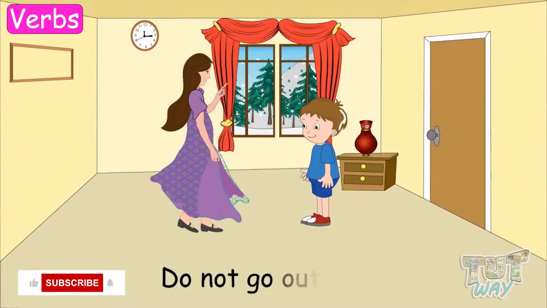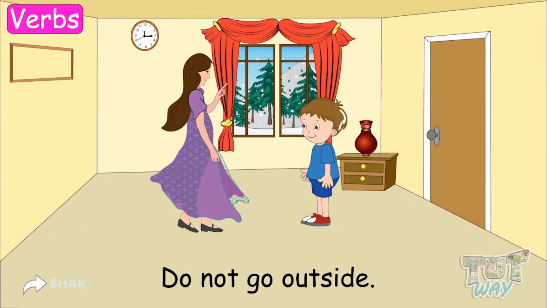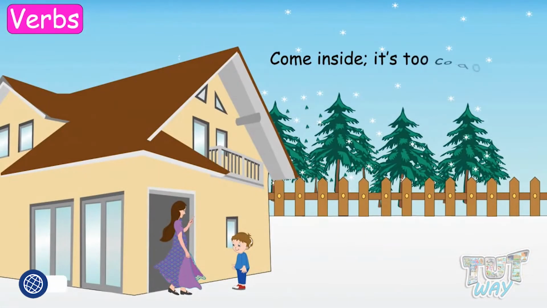Do not go outside. What is the action being talked about in the sentence? It is the action of going. So go is the verb. Come inside. It's too cold outside. Which word is the action word in this sentence?